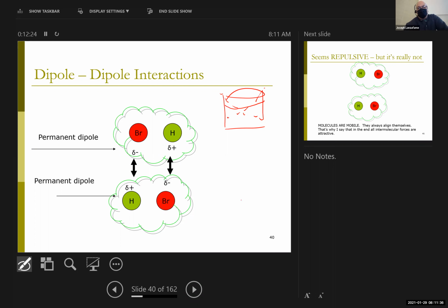If I have a permanent dipole, it's kind of like my bucket is on a slope, right? It's always up a little bit on one side, but it's still sloshing. And so there's 2 sets of dipoles here, my permanent dipole and my instantaneous dipole.